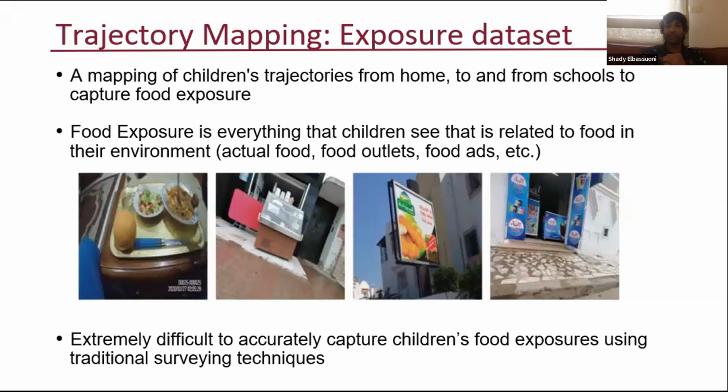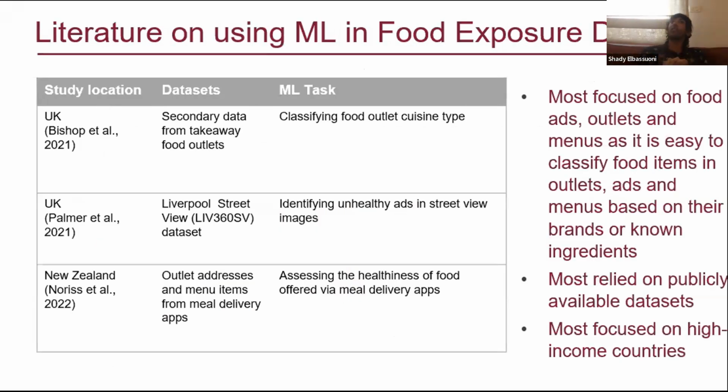Okay, next slide, please. And so we really needed to rely on technology or innovative tools such as machine learning to be able to do this. If you look at the literature out there, there are very few studies that attempt to do something like this, so basically using machine learning in food exposure detection. And most of these studies really focused on ads, outlets, and menus, since it's easy to classify food items in those, either based on their brands or known ingredients.